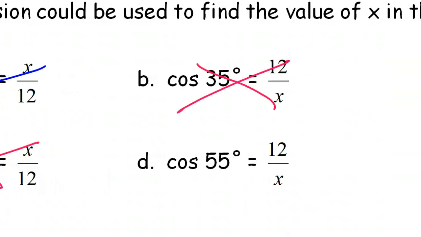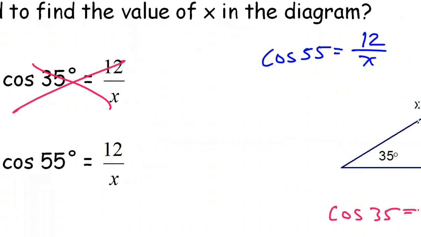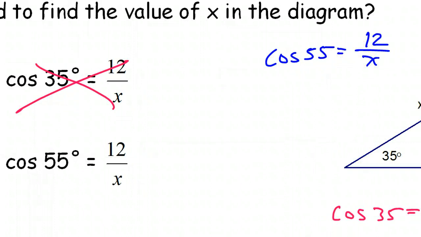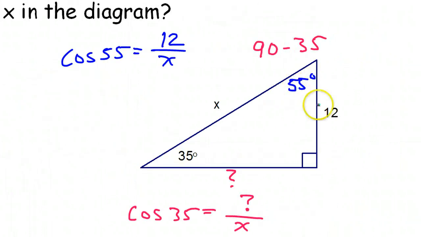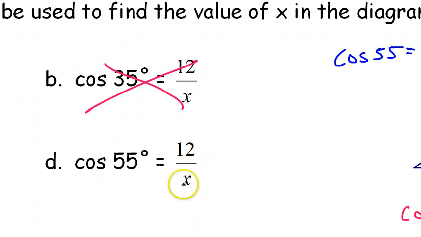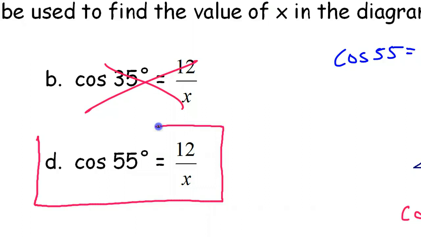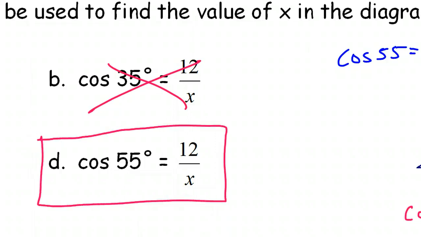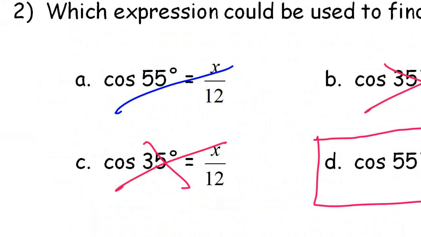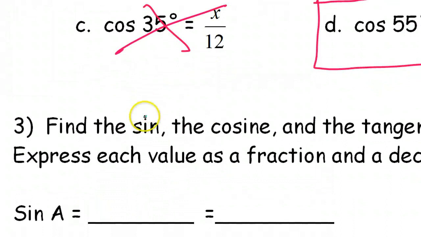So only D is left, and we really already talked about it. See, it's right here. The cosine of 55, adjacent over hypotenuse, 12 over x. Kabam, 12 over x. D is the correct answer. Hot diggity dog. That was number 2.